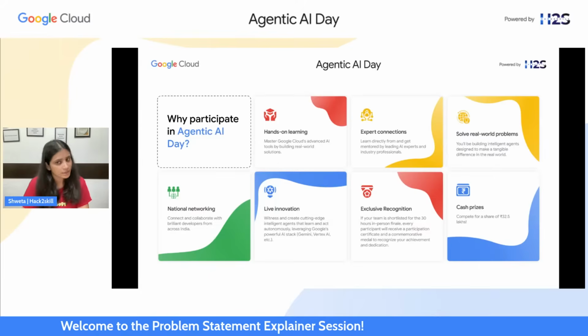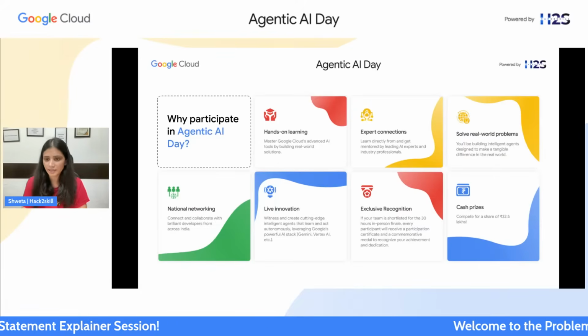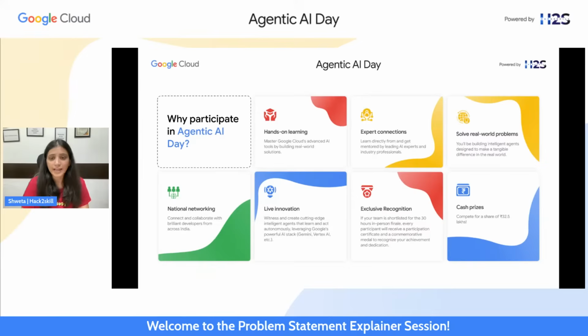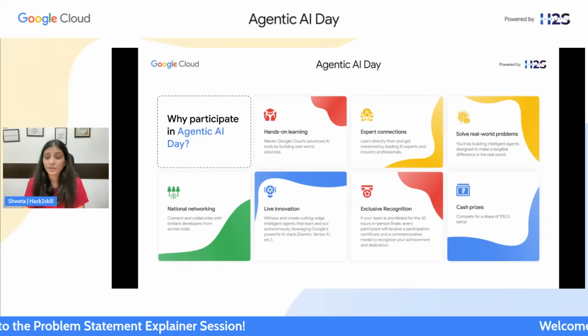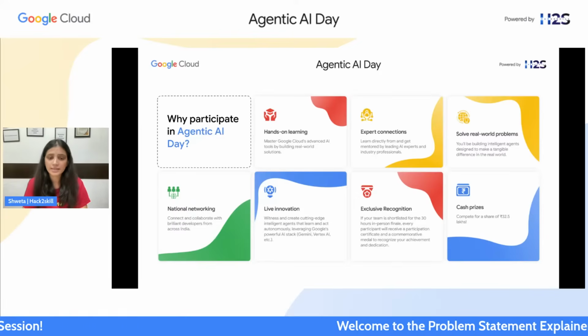You can connect with hundreds of brilliant developers who will be present at the offline Agentic AI Day from across India, forging new friendships and relationships. Then there is tangible recognition. Every shortlisted team will receive a participation certificate and will get to say that you were a part of one of the largest hackathons.